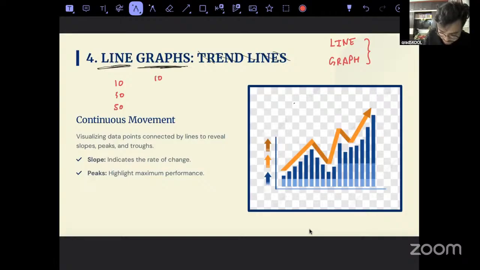Jump, jump, decrease. Here increment is done, here increment is done, here decrement got done. So how to represent this data, because this is something complicated? We can represent it via line graph.